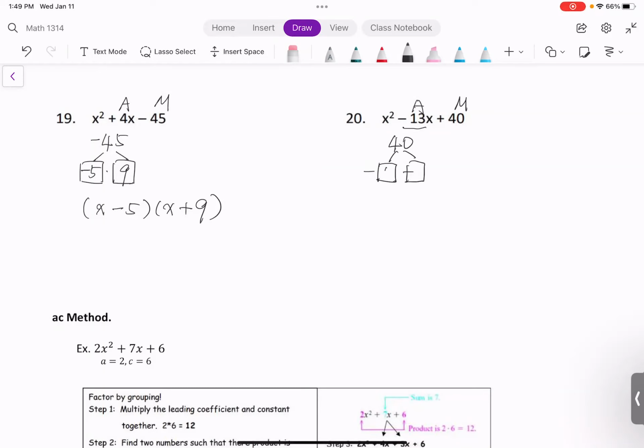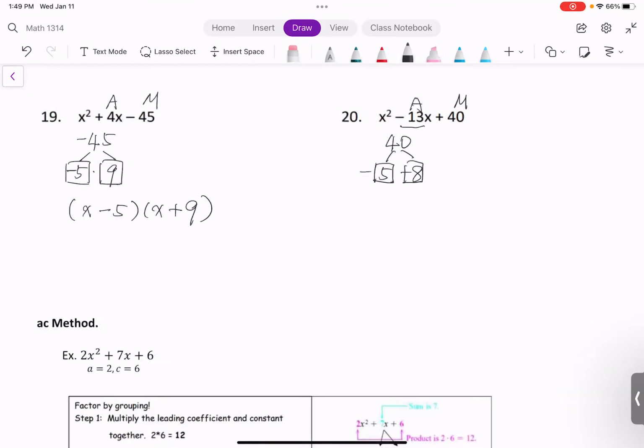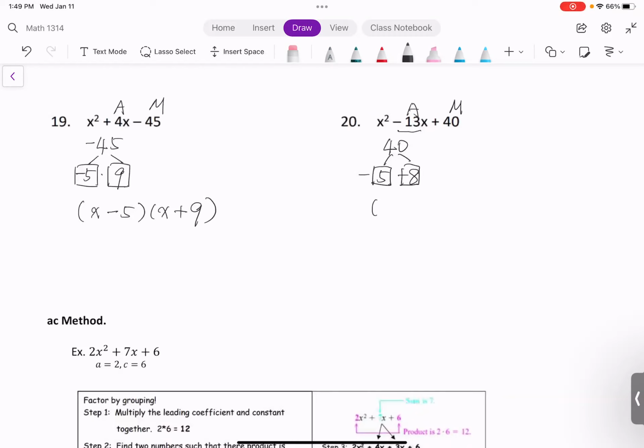So they must be 5 and 8. You can also try 2 and 20, but that pair doesn't work. So we try negative 5 and negative 8. Addition of them can make negative 13. So we rewrite the polynomial into the factored form. They are x minus 5 times x minus 8.